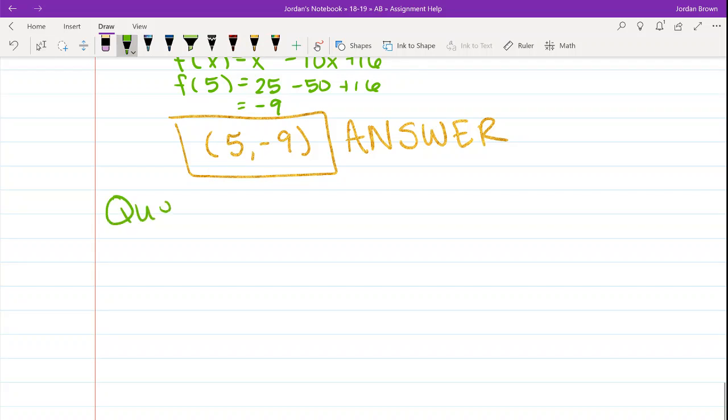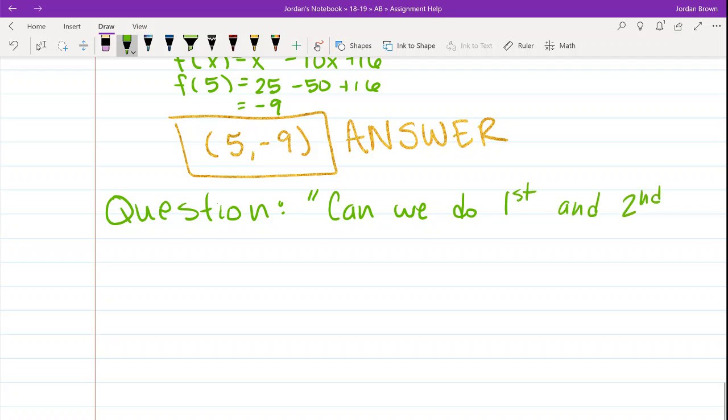So, question. Can we do first and second derivative test example?